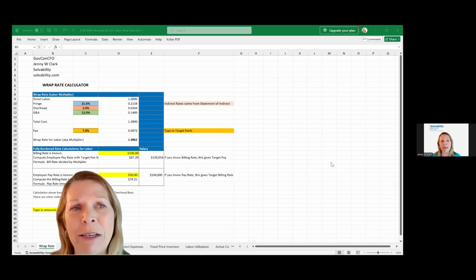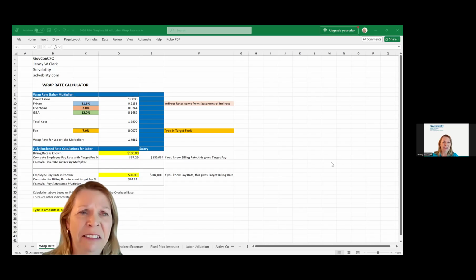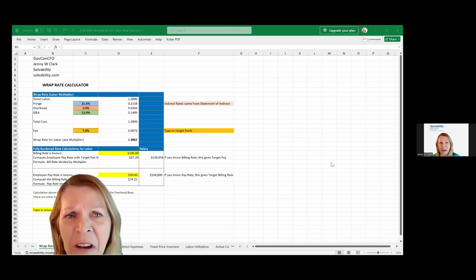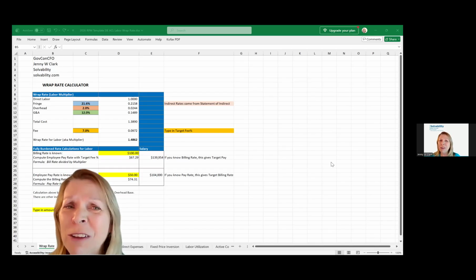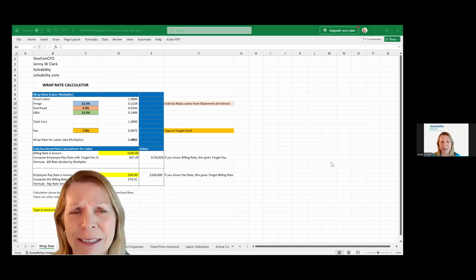The third tab, you're going to go, whoa, that looks like an accounting spreadsheet. I don't like that. It's worrying me. But I want to make it simple for you, because there are structures that are fairly standardized in how federal contractors price, and they're based on the rules in the Federal Acquisition Regulation.